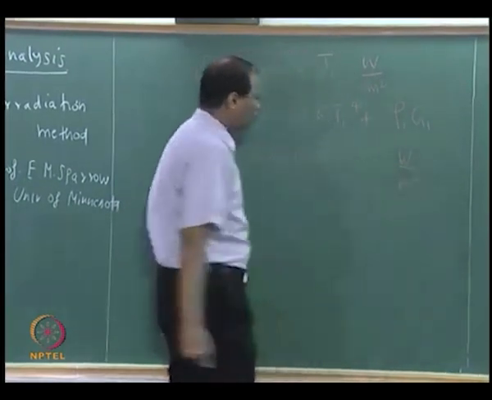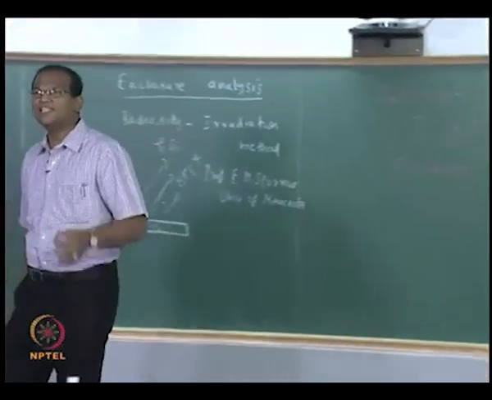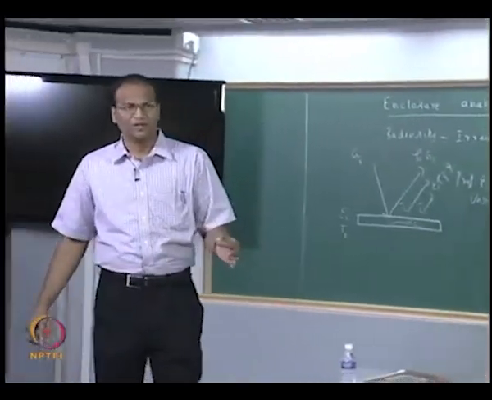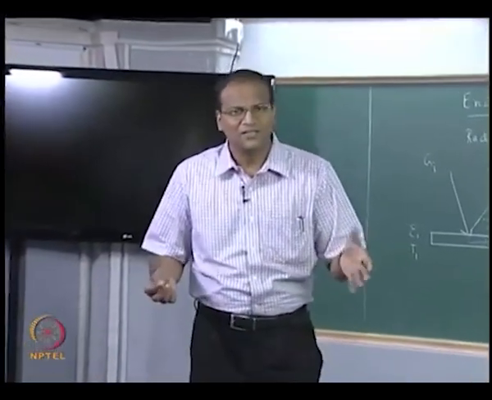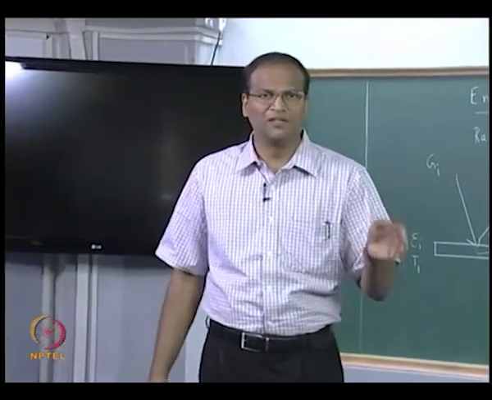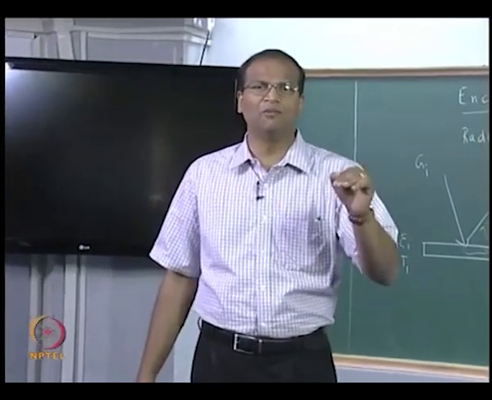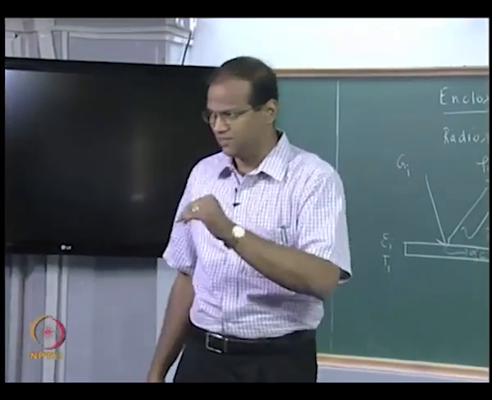The incoming radiation is called G. I am putting Gi because i can be any surface. For a single surface, this subscript is meaningless, but if there are 3 or 4 surfaces, Gi refers to G1, G2, G3, G4.